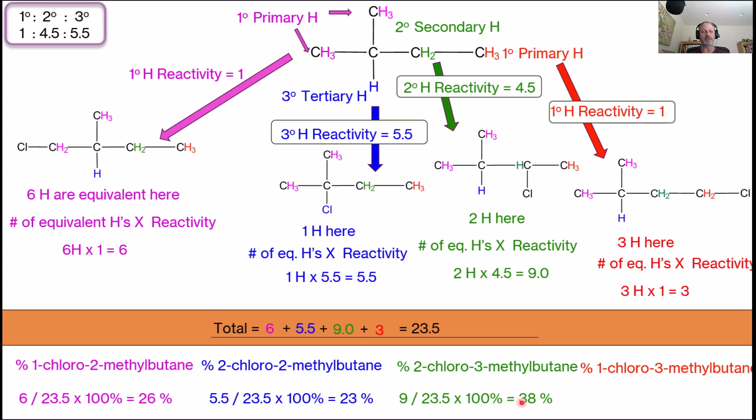It gives us 38% for our secondary position's product, and then lastly we get 13% for the primary position at the other end of the molecule. And we add these things up and we get 100%. So I hope this helps you when you encounter questions in which you're asked to calculate product distributions.